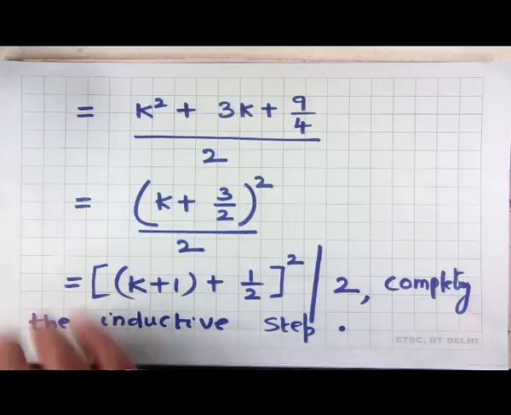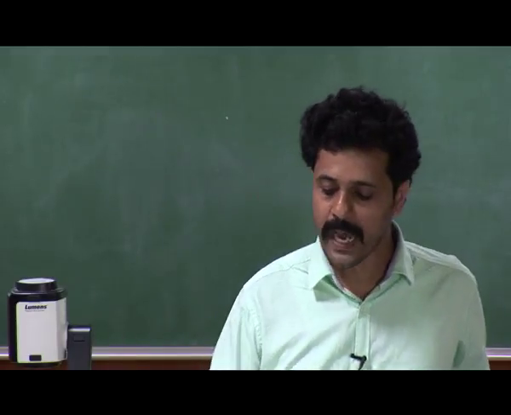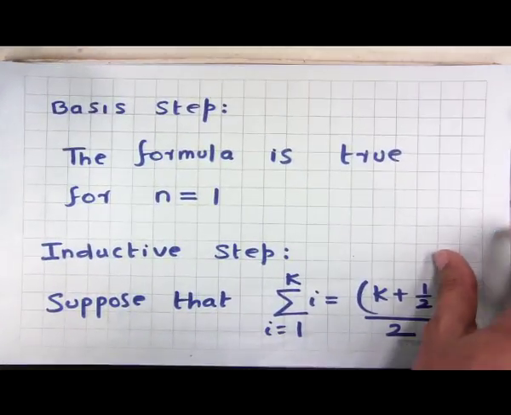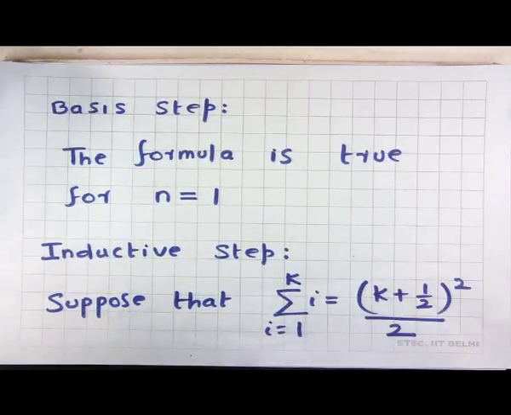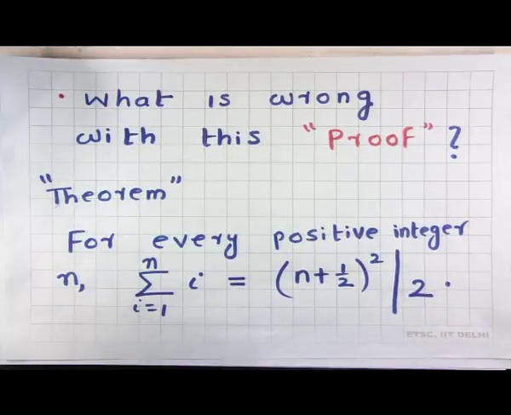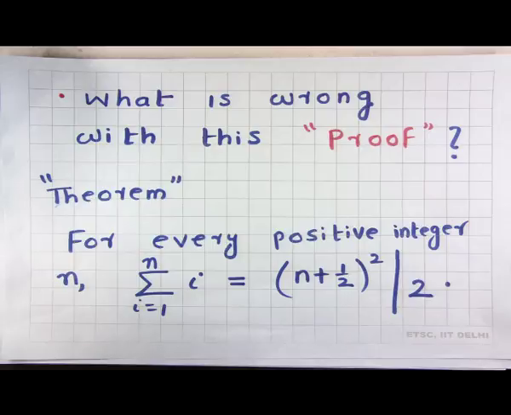See that though the basis step looks very innocent, you have to carefully verify whether the basis step is true. Here, in the basis step, we just wrote the formula is true for n equal to 1. See whether it is true for n equal to 1. The left hand side is the summation of first one natural number.